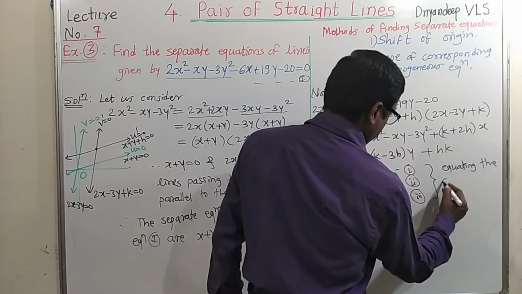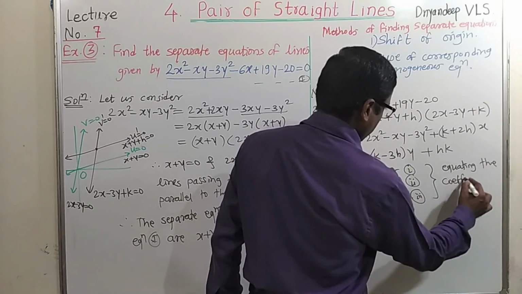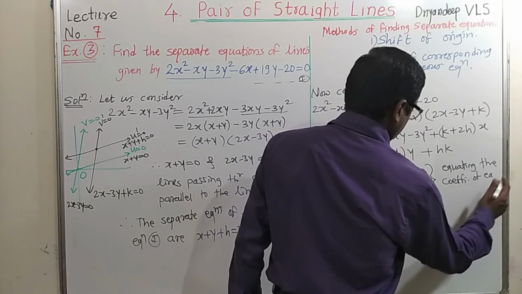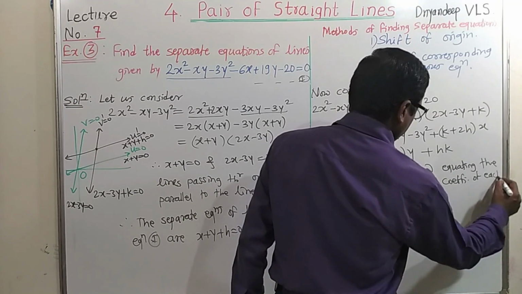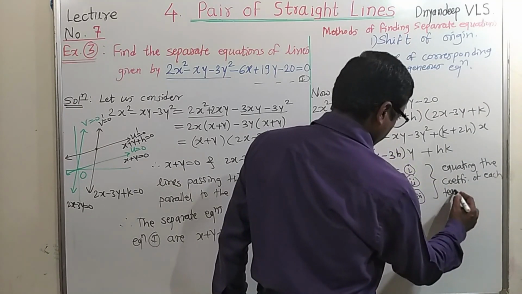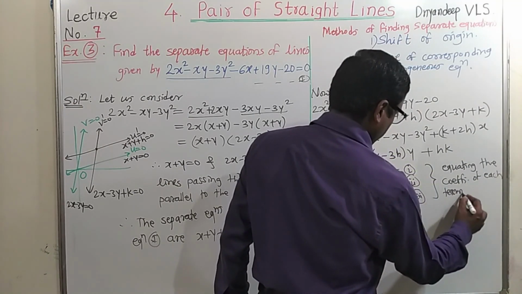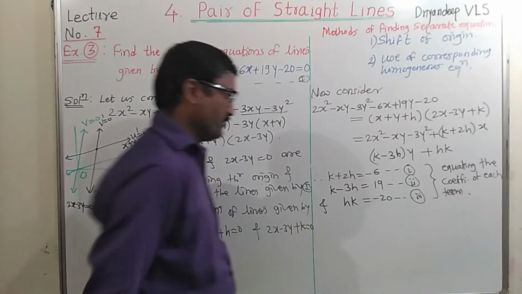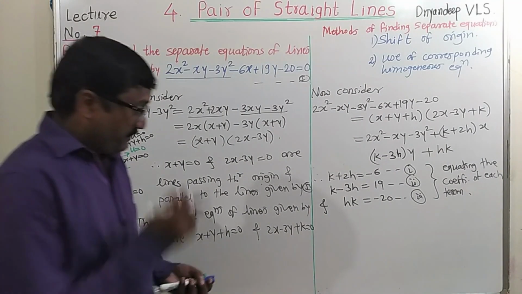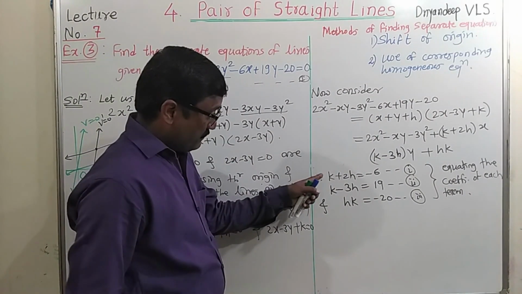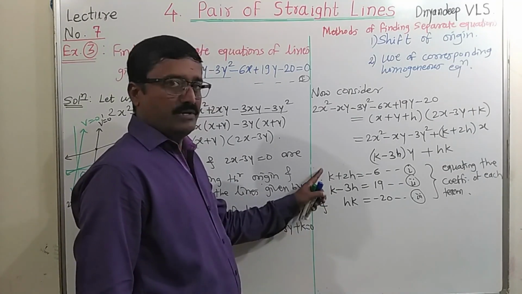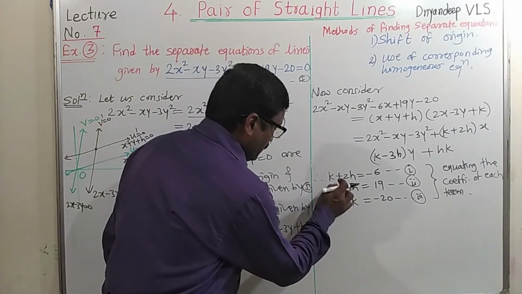So this is first, second, third equation, and these are obtained by equating the coefficients of each term. Okay. Now find the values of h and k. We have these two simultaneous linear equations in h and k. So we can solve these two simultaneously.